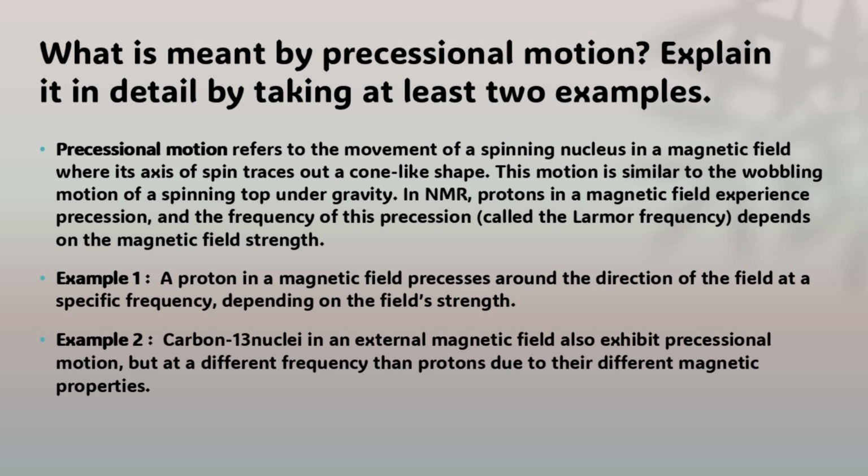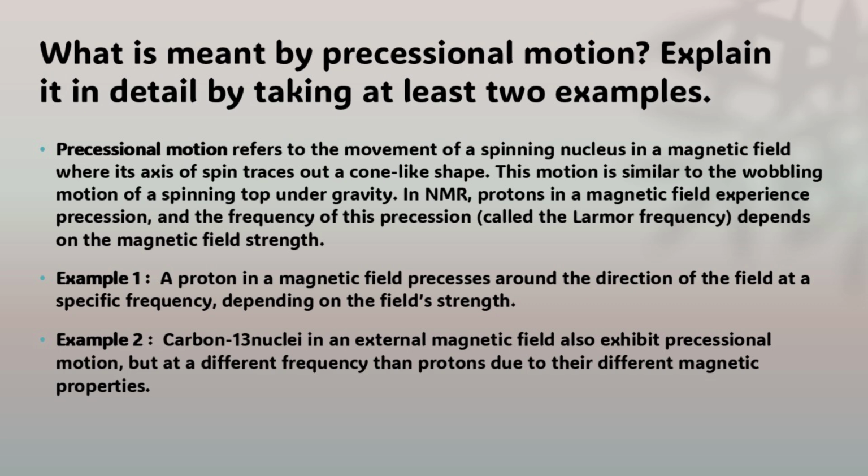This motion is similar to the wobbling motion of a spinning top under gravity. In NMR, protons placed in an external magnetic field experience precession, and the frequency of this precession, called the Larmor frequency, depends on the magnetic field strength.